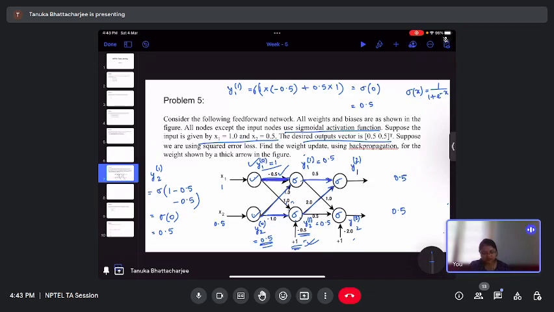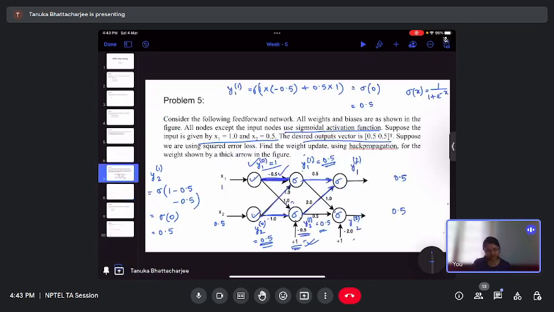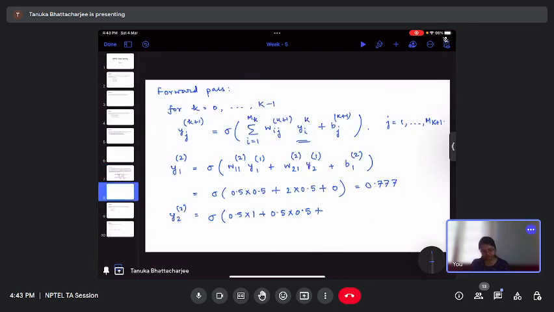Here you have again y11 is 0.5 connected through 1, and y21 is also 0.5 connected through 0.5. So 0.5 into 1 plus 0.5 into 0.5, plus here you have a bias term which is minus 2.